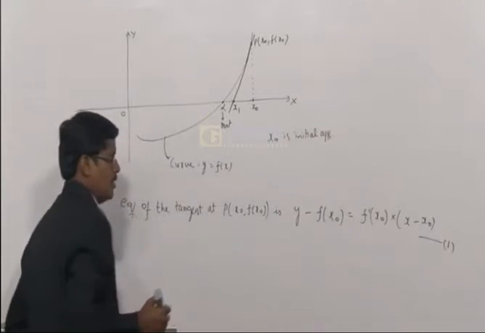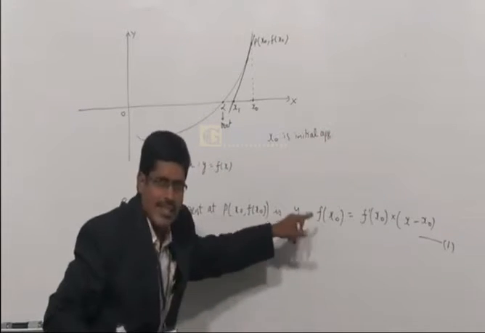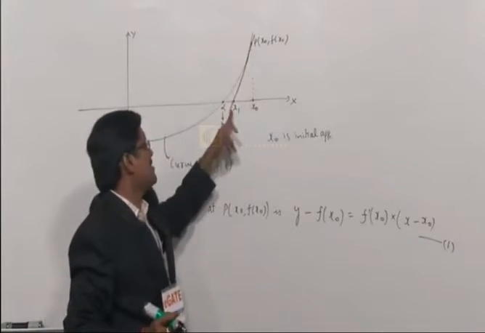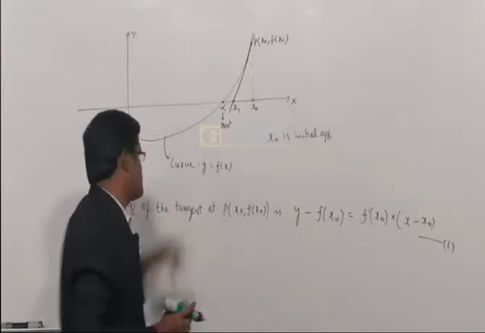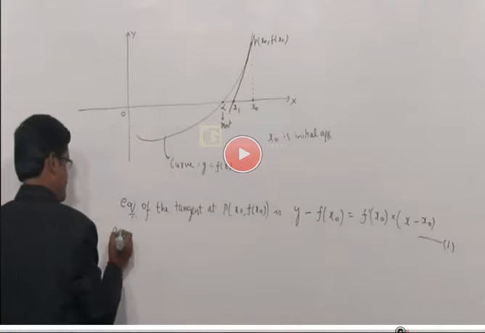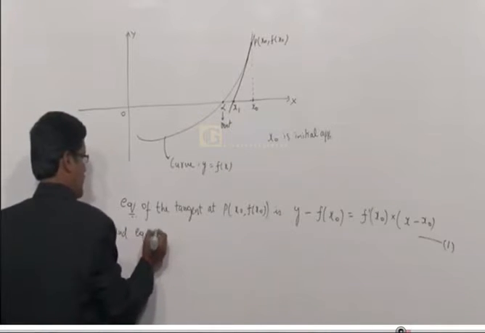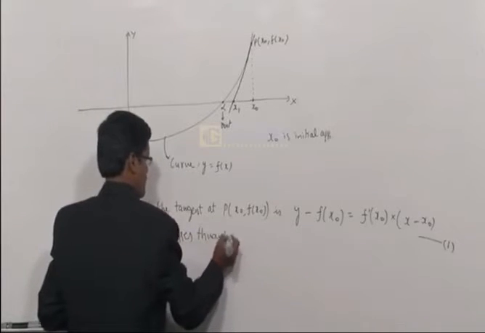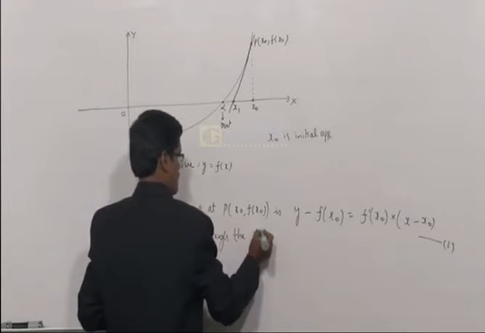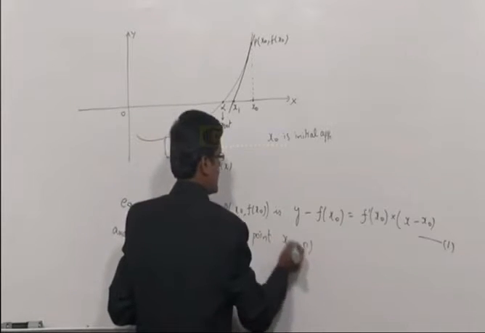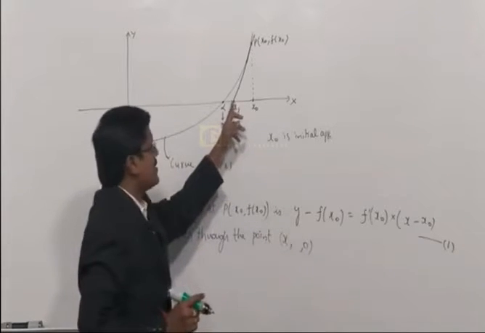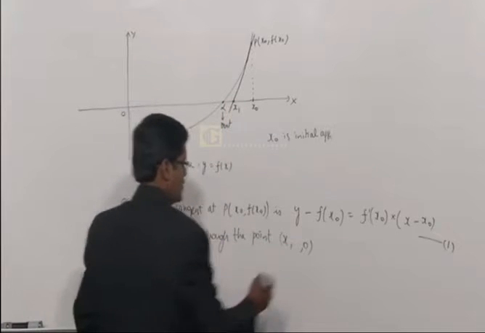Now this equation 1, that is the tangent at P, meets the x-axis at x1. That means this tangent also passes through the point x1, 0. Since x1 lies on the x-axis, automatically its y coordinate is 0.